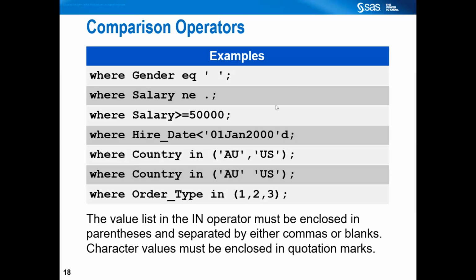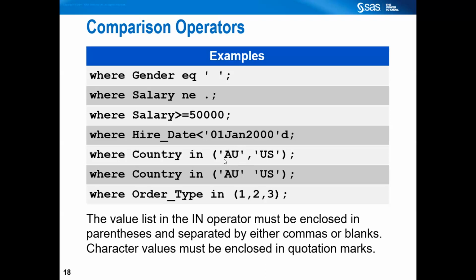So these are comparison operators: greater than or equal to 50,000. So it will select all the salary values which are greater than or equal to 50,000. This is less than, this is before. And what does this IN include? IN means select all the values for country among all this list.